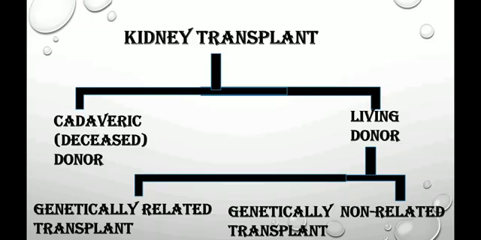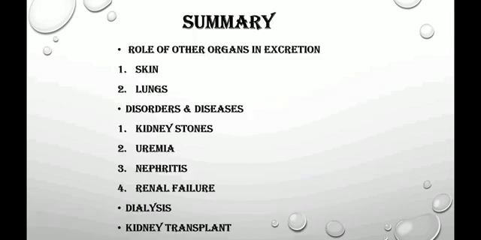So we have completed the entire chapter of excretion and osmoregulation today. Let's have a quick summary of what we studied. We studied the role of other organs in excretion, in that, skin and lungs.